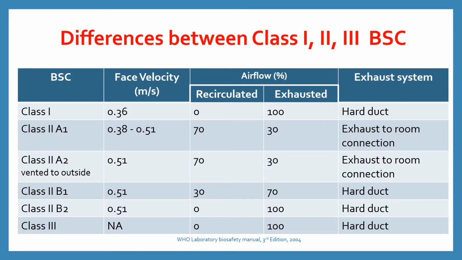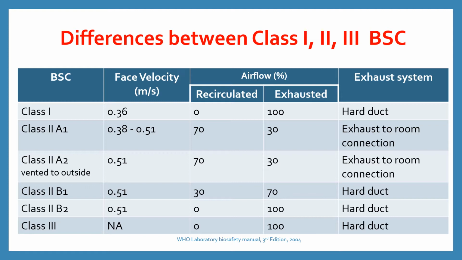Differences between Class 1, 2, and 3 biosafety cabinets. They are differentiated based on the face velocity, the airflow pattern, and exhaust system. Face velocity is the measured air velocity at the inlet or front opening. Class 1 has a lower face velocity and 100% of the air is exhausted out through a hard duct which is firmly connected without any opening.